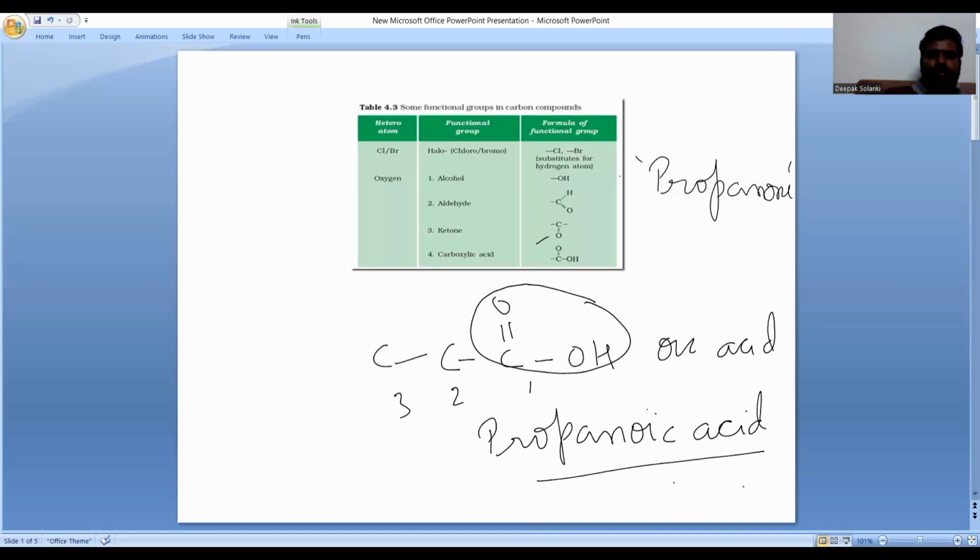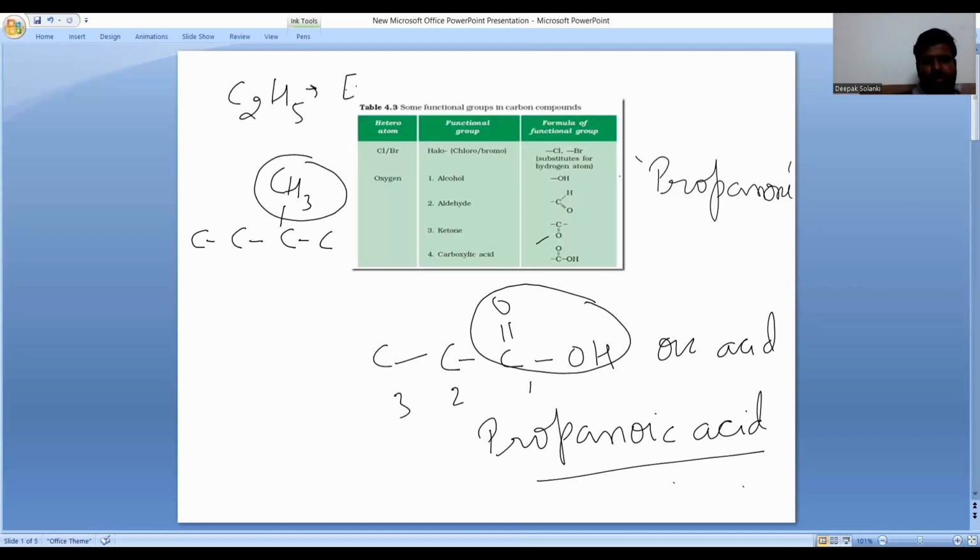One more example of a substituent or functional group, I can write it down here. C single bond C single bond C single bond C. There is one group, CH3. This is known as methyl group. And one more group is there, C2H5.